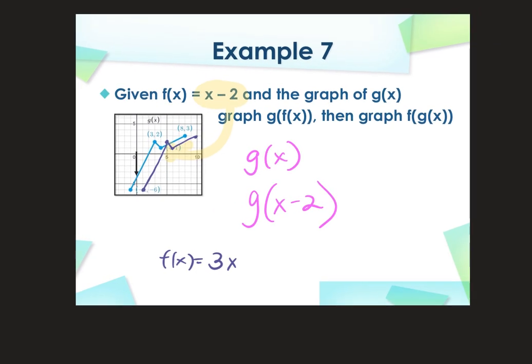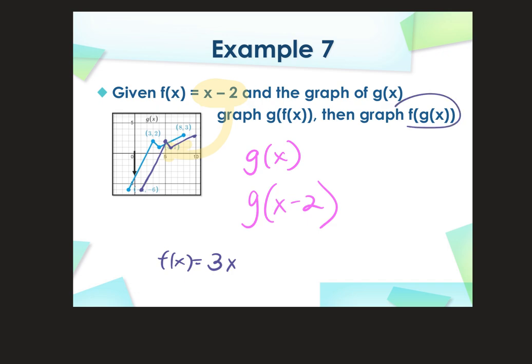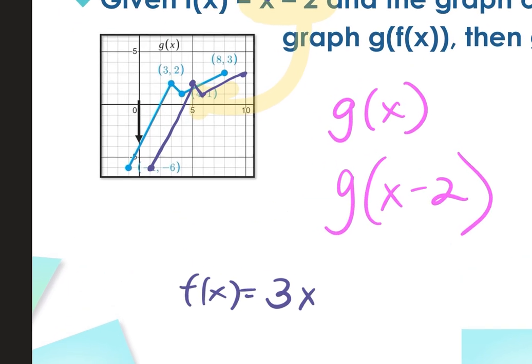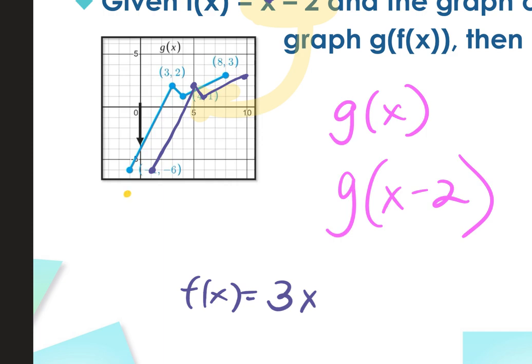Okay, then it says graph f of g of x. So now the g of x would get plugged in here. So if that whole graph was plugged into the x, this would be g of x minus 2. What shift is that? Down 2. So all these points would go down 2.